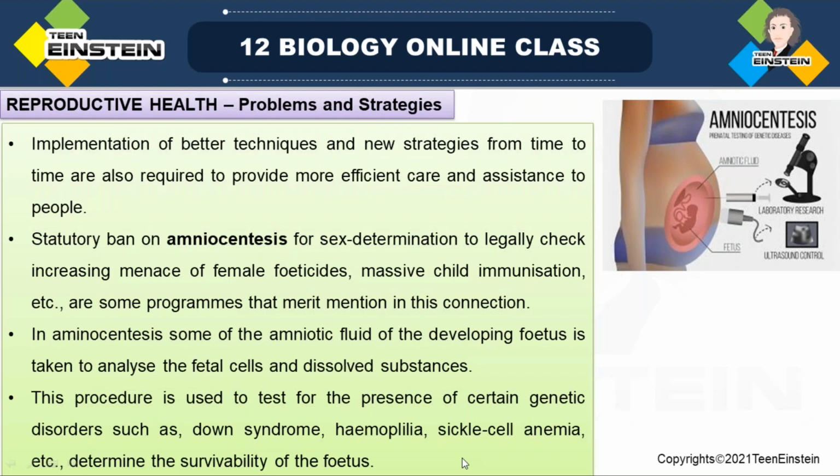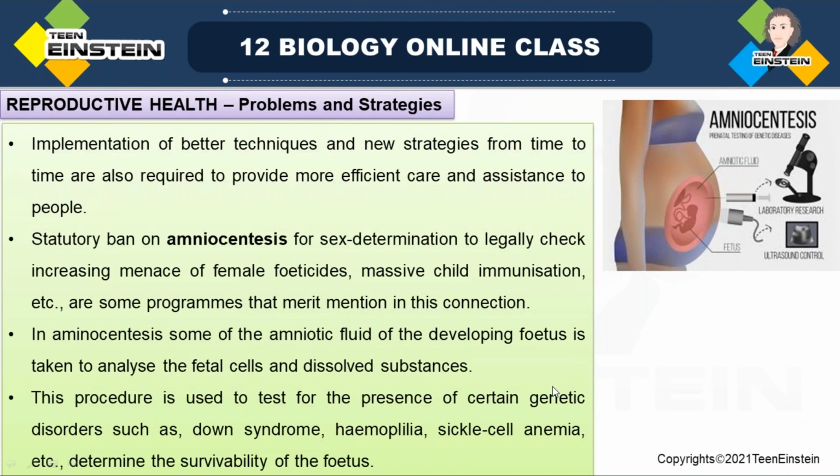Actually, we should educate people that this is legally wrong. Amniocentesis should not be done for sex determination. It is just to detect the genetic problems or genetic disorders of the growing fetus.